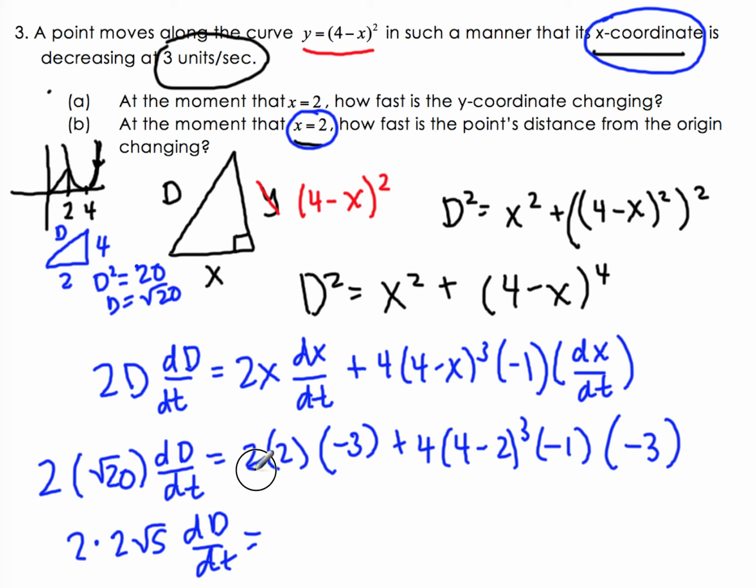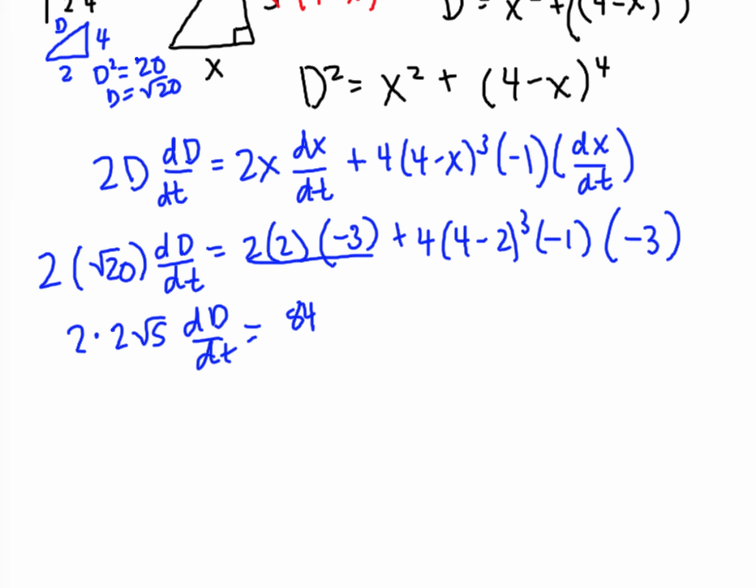This ends up being, here we have -12, and this ends up with an 84. Do some rearranging here. So dD/dt is 84 divided by 4 root 5.